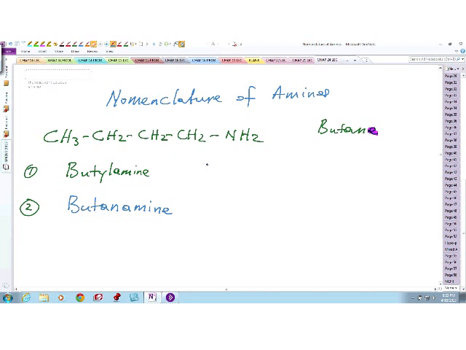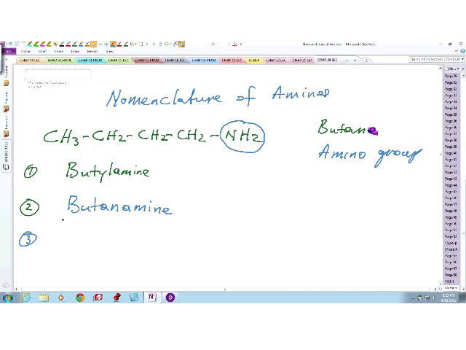So therefore, we are going to name this as a butane. When you do that, then this group here becomes an amino group. So if you want to name this as a derivative of butane, what would be the name? This would be scenario number 3. What would be the name?